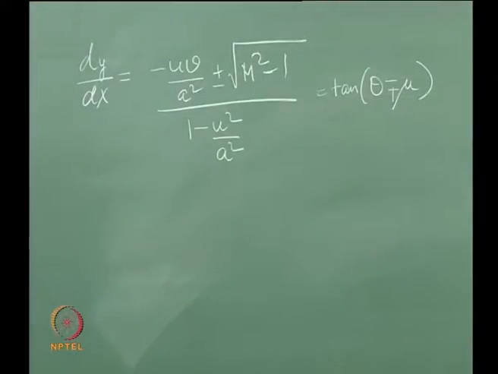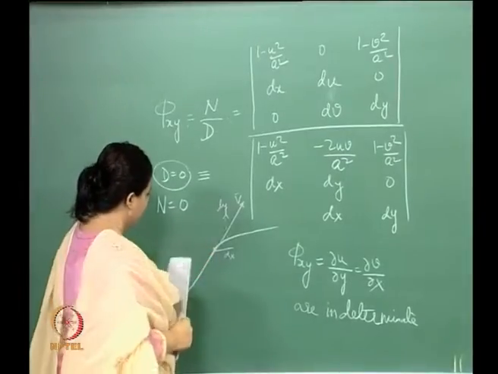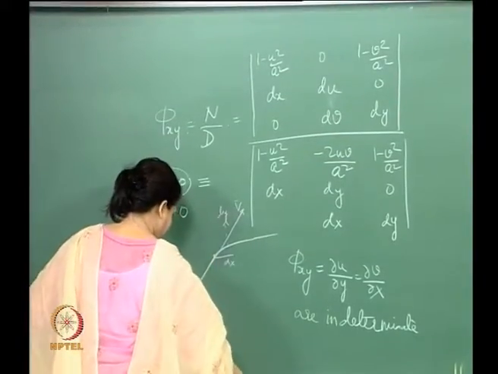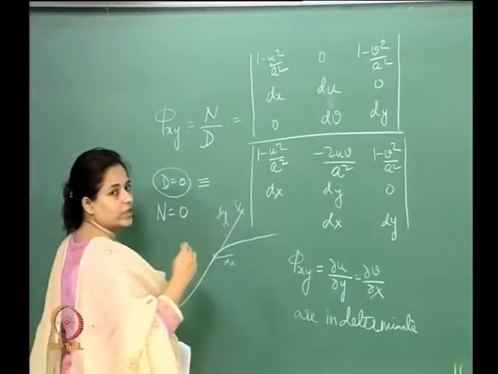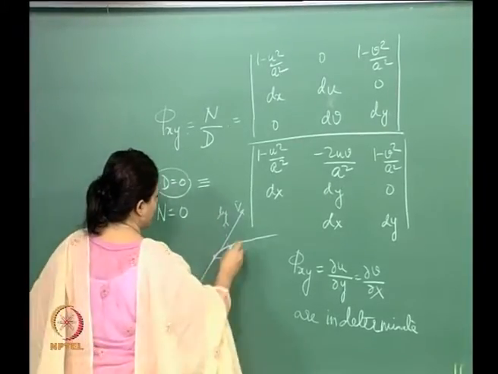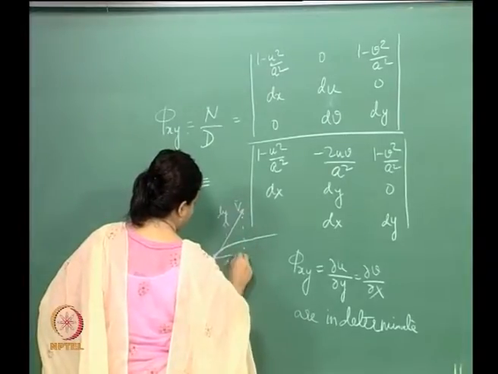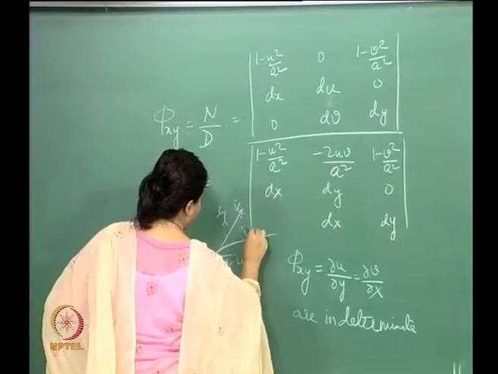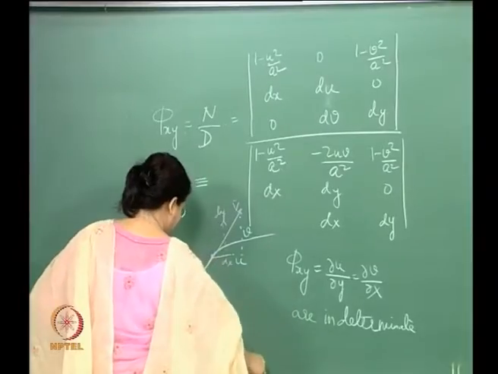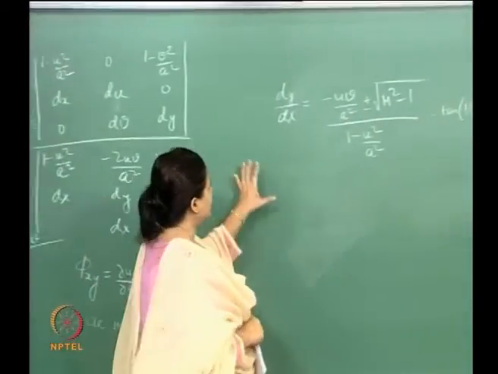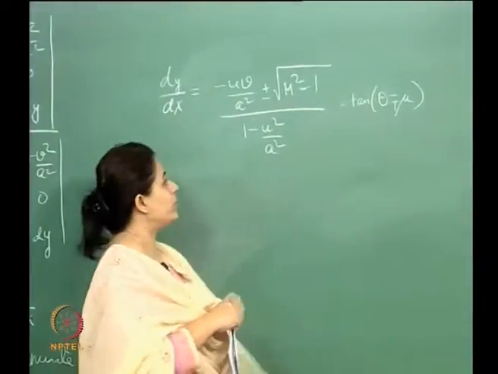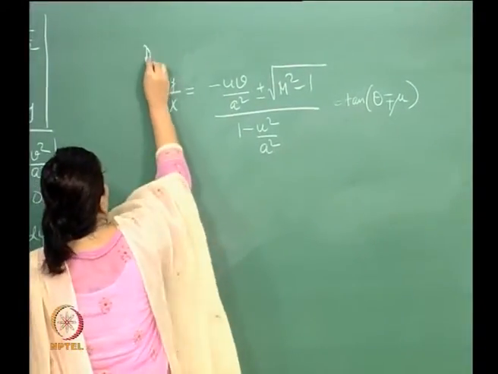If we have something like this, so this is dx and dy, essentially the orientation of the characteristics is given by that, and say this is u and v. So, this was the relationship we got by setting d is equal to 0.